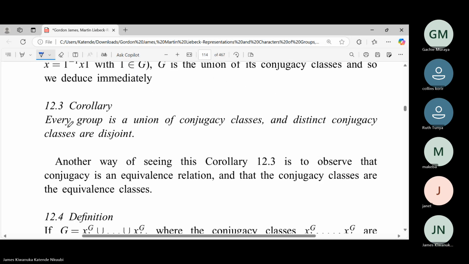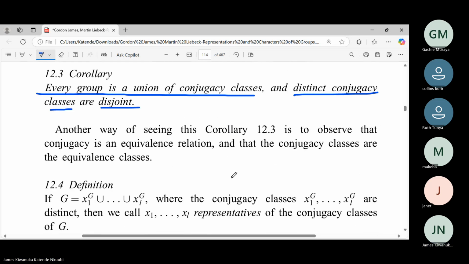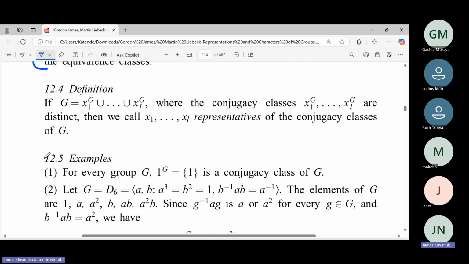So that gives us this corollary that every group is a union of its conjugacy classes, and the distinct conjugacy classes will be disjoint as you observed. This is the other way of proving this using equivalence classes, but we will not use that for now.